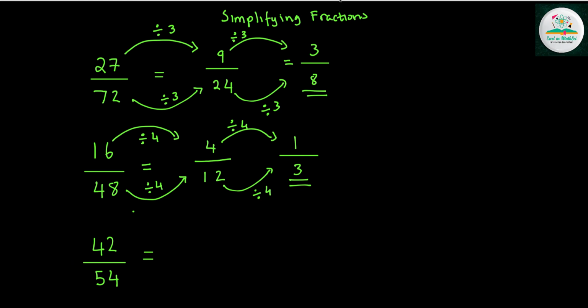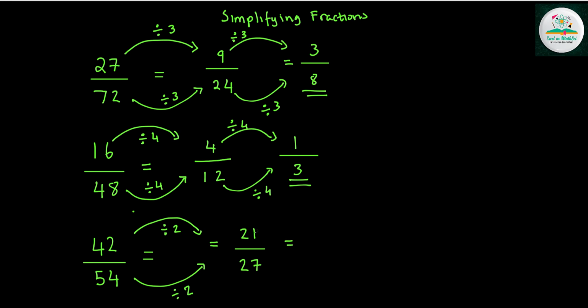And this last one, 42 over 54, what are we going to do? We're going to divide the top and the bottom by 2. That would give me 42 divided by 2 is 21, and 54 divided by 2 is 27.